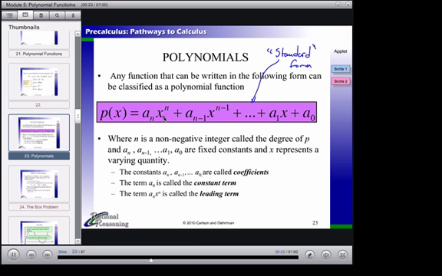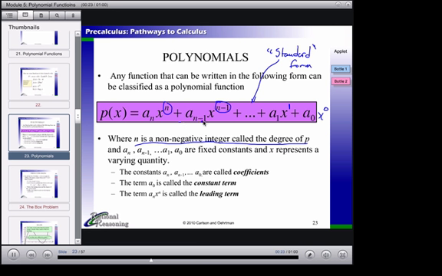Each term has x to some non-negative integer. So n is a non-negative integer called the degree. And so all of these powers are, that's 1, and this is like x to the 0. All of the powers are non-negative integers of x.